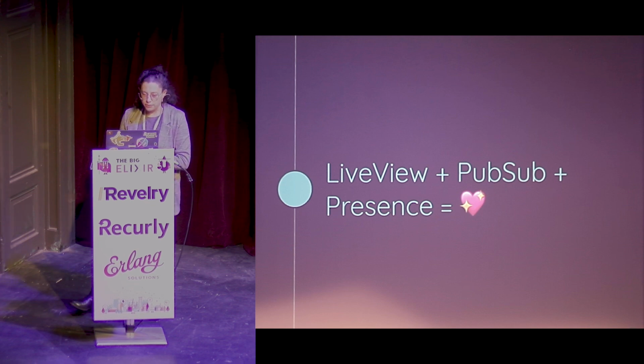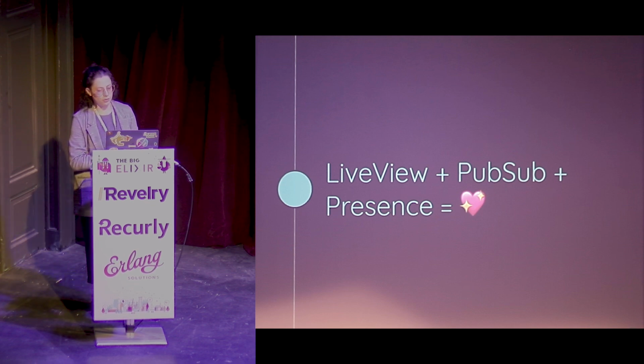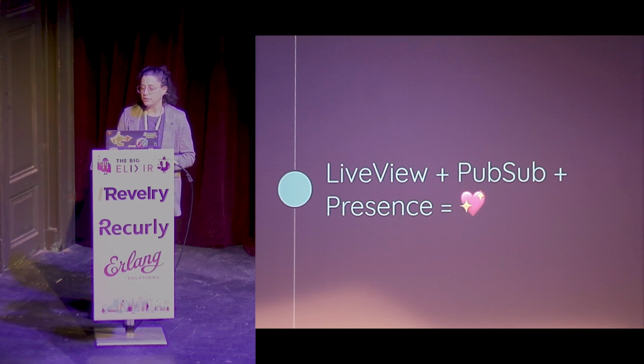But with the addition of PubSub, we were able to broadcast these new chat messages to all of the LiveView clients subscribed to a given chat room's topic, everybody in the chat room. And then by leveraging Presence, we were able to track and display the list of users present in a given chat room at any time. So the flexibility of PubSub made it really easy to subscribe all of our running LiveView processes to the same topic on the same PubSub server.